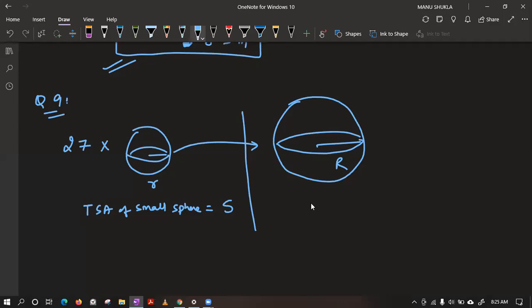They are saying the surface area of this new sphere is S dash. So the TSA of the larger sphere is S dash.